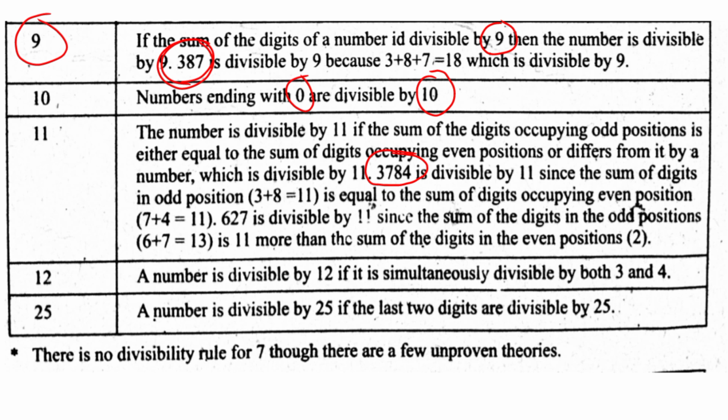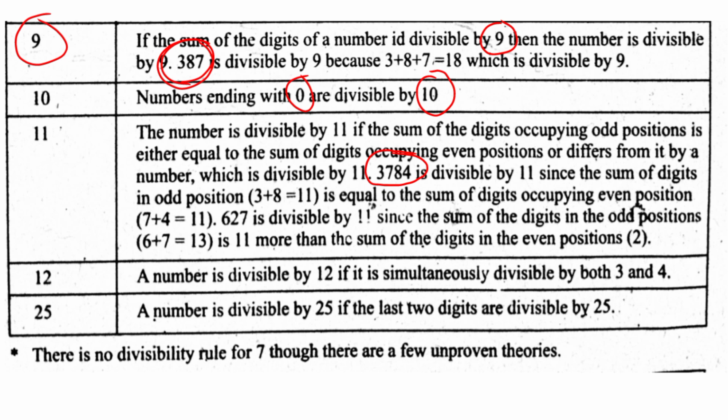If we have some number, we took the example 3784. The summation of the digits at the odd places should be equal to the summation of the digits at the even places. This is the first rule.